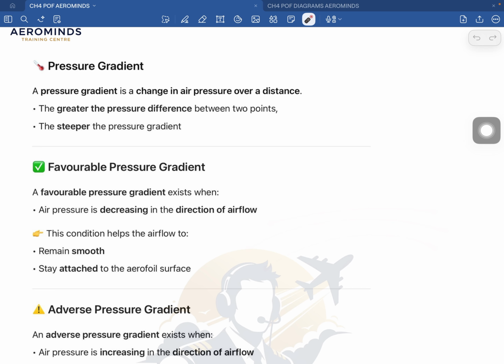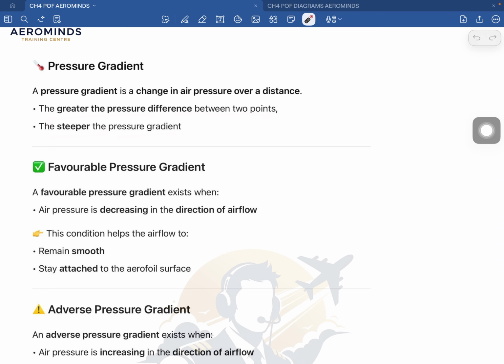So in simple words, pressure gradient means pressure is not the same everywhere, it is changing as we move along. Got it? So remember this, a pressure gradient is a change in the air pressure over a distance. And the greater the pressure difference between the 2 points, the steeper will be the pressure gradient.